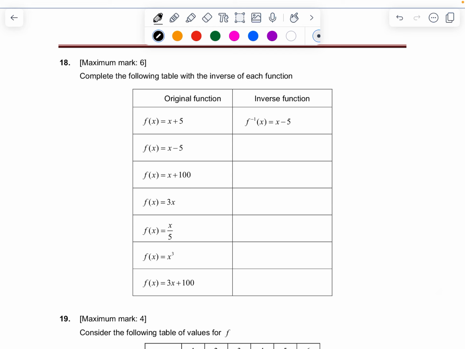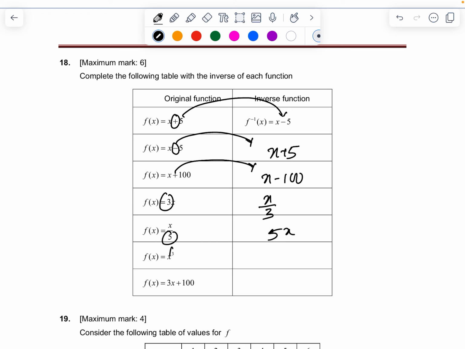So we can see that plus becomes minus, opposite operation. Minus becomes plus. Plus becomes minus, x minus 100. Times becomes division. Division becomes multiplication. Cube becomes cube root. So now this is plus, plus becomes minus, and this is times, times 3 will become divided by 3.